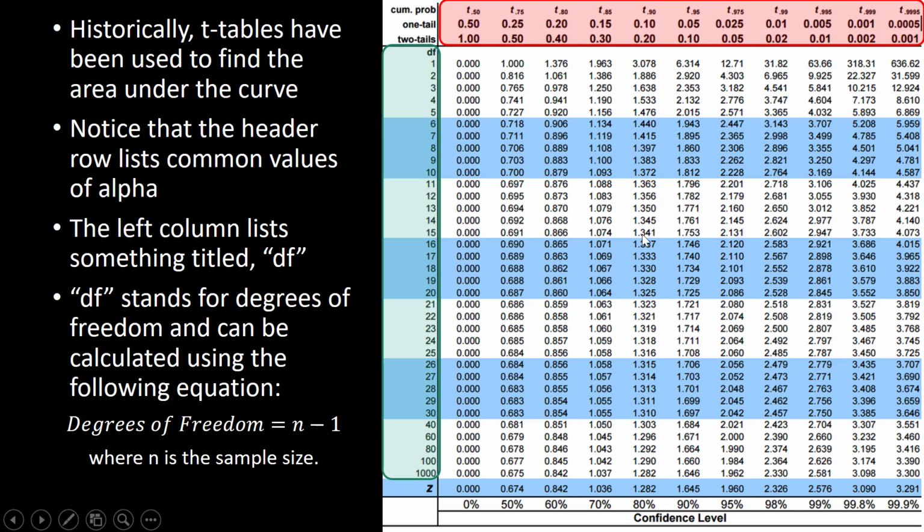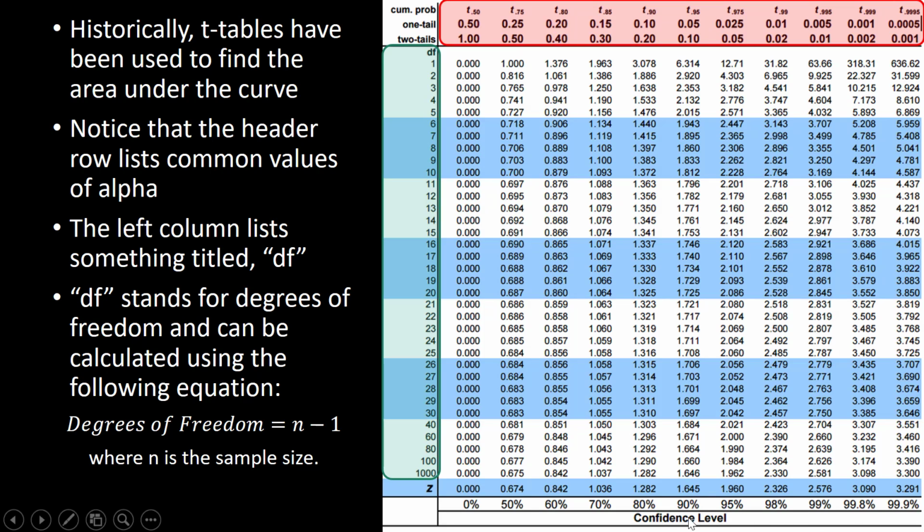Notice also that our confidence level is listed down here at the bottom for our convenience. So for example, if the area in two tails is 1 or 100%, that means we have 0% confidence. Notice that the table goes from 0 and then it lists 50, 60, 70, 80, 90, and it lists 95, 98, 99, 99.8, and 99.9.